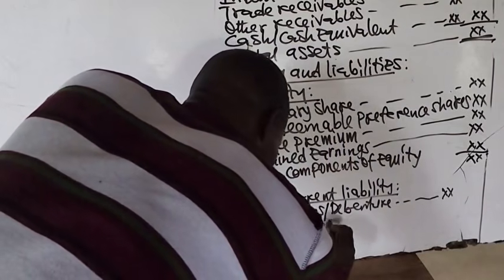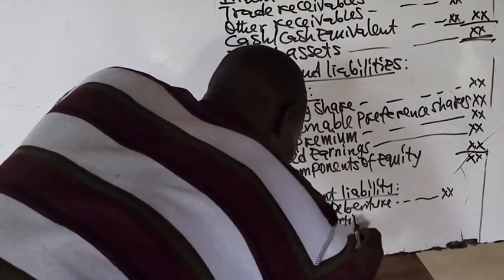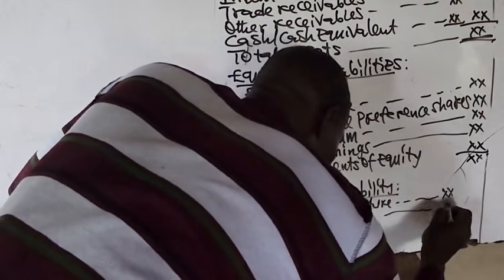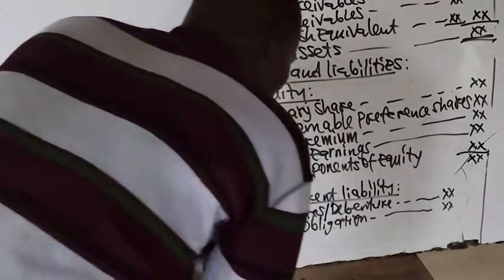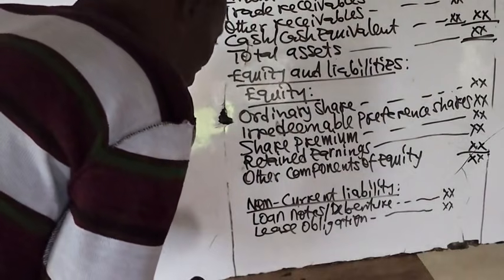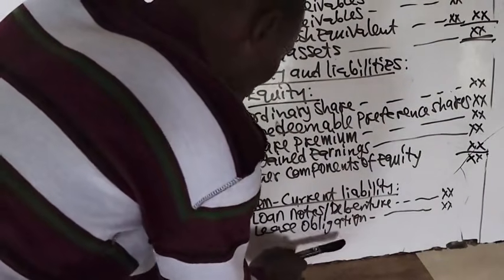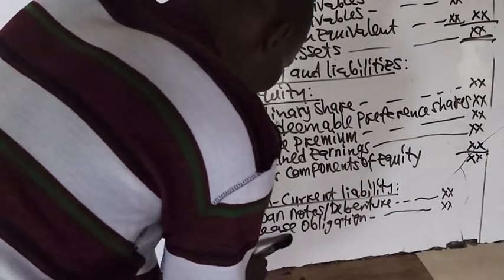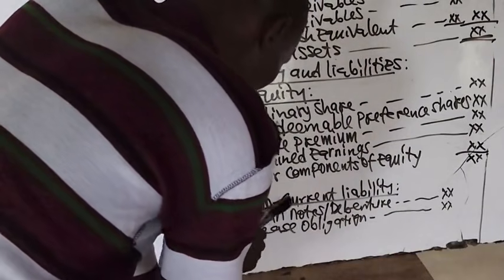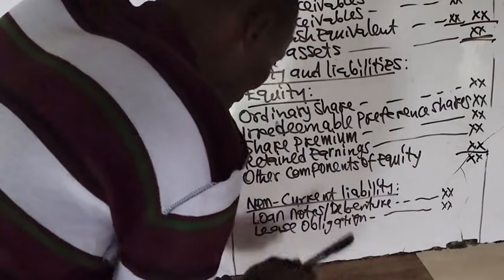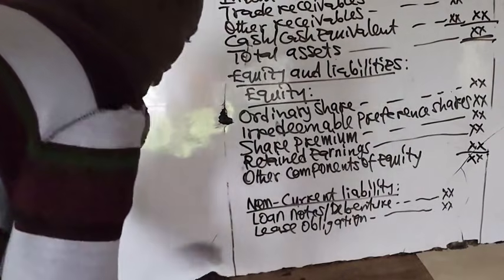In accordance with IFRS 16, this lease obligation will be categorized into current and non-current liabilities. The non-current one, the one that will not be settled within 12 months, that is the one you will have under non-current liabilities. While the one that will be settled within 12 months, you have them as current liabilities.